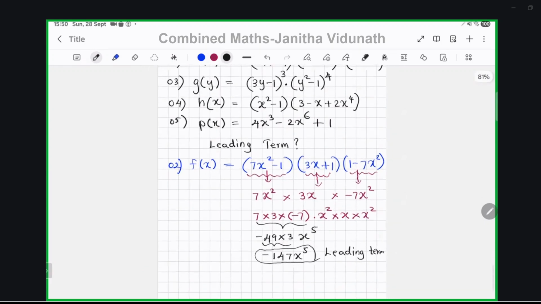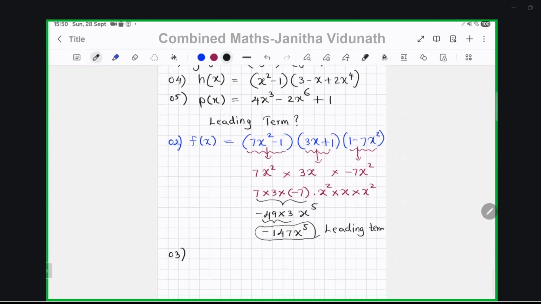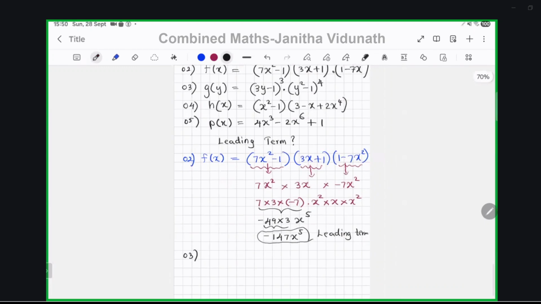Okay. Likewise, in the third question, there are also some brackets. Now, we need to identify the highest term of each bracket: 3y minus 1 whole cube, y square minus 1 to the power 4.